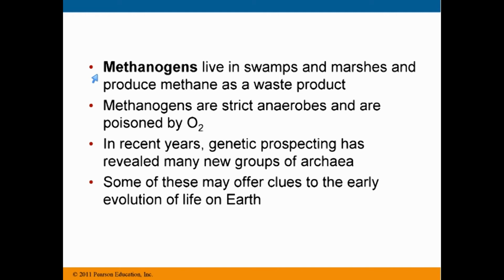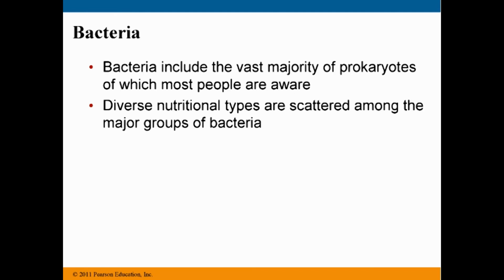It's thought that methanogens, as well as other organisms that live in these extreme groups without the presence of oxygen, may give a clue as to what early Earth was like many, many, many years ago. Okay, so that's it for the Archaea.